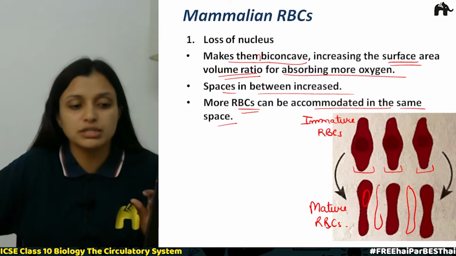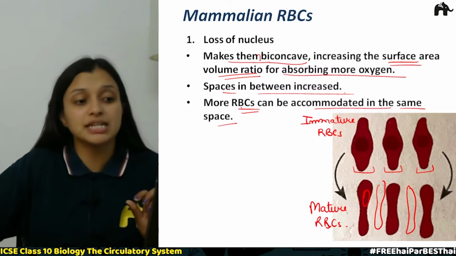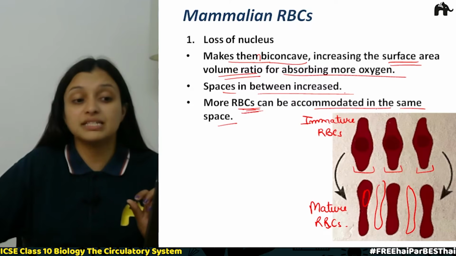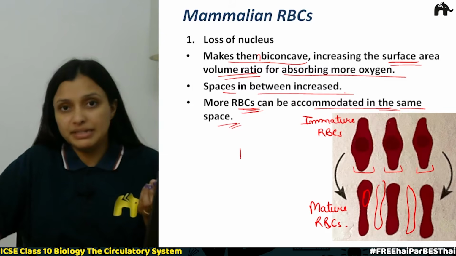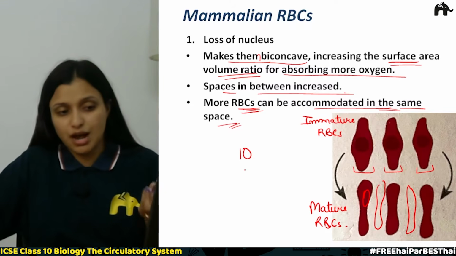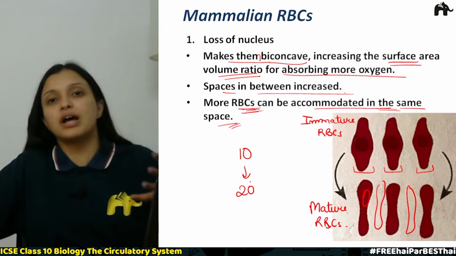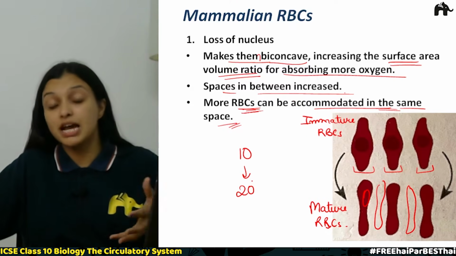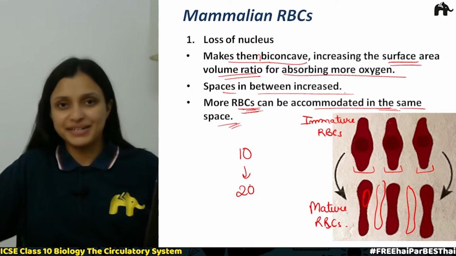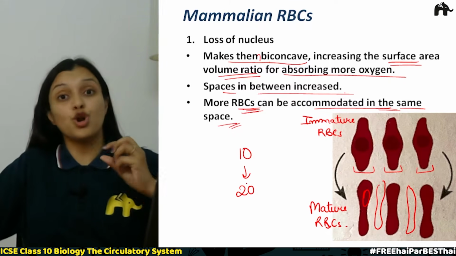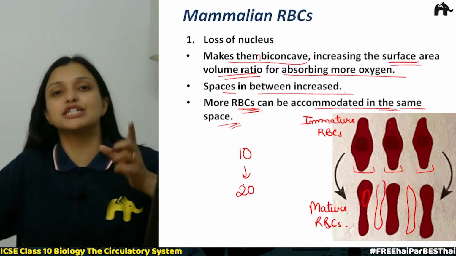You can draw some more. That is what is written: the space in between increased and more RBCs can be accommodated in the same place. A place where there could be 10 RBCs because of the nucleus, we can now accommodate say 20, so 10 more RBCs can be accommodated, which means more oxygen can be transported. Clear? I hope why the loss of nucleus makes mammalian RBCs more efficient is clear.